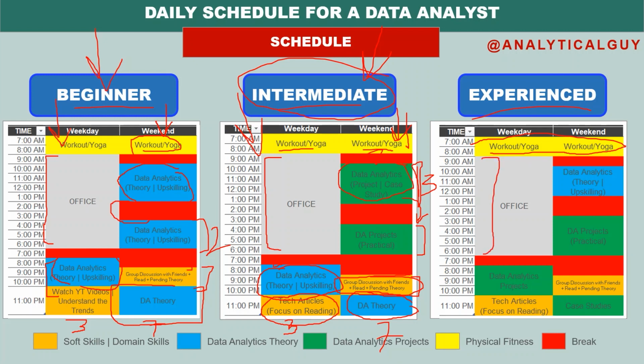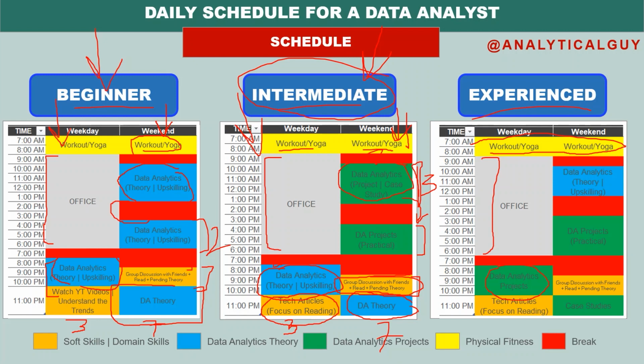Then there is a gap from 6 to 8 for transportation, for your dinner, for other stuff. From 8 p.m. to 10 p.m. you should work on your projects. Even if it is a weekday or a weekend, for you the projects are important. Start building your portfolio, use it and apply, and you can post on GitHub or you can have your own website. It is very important for you to make your own brand, right?